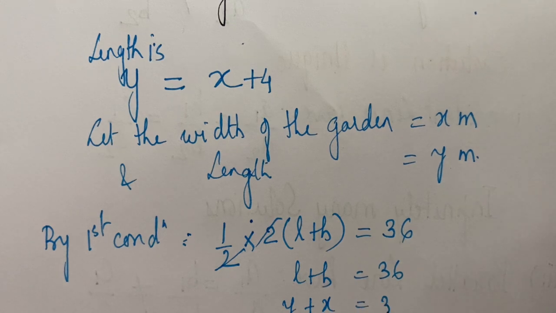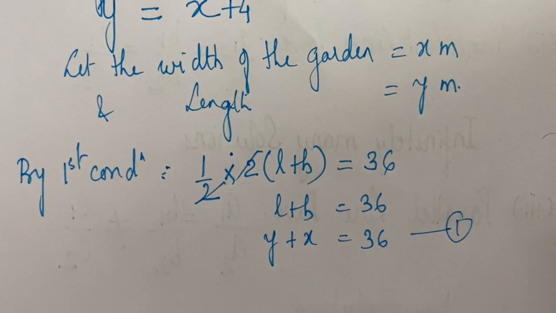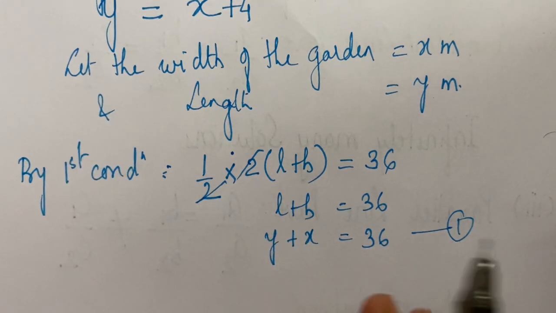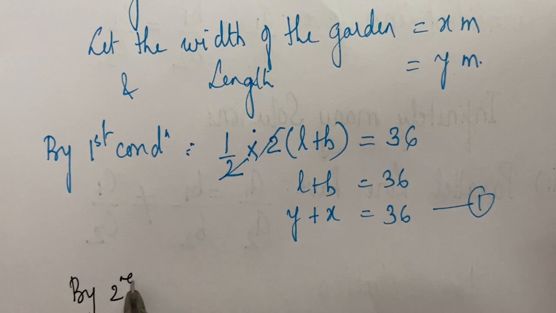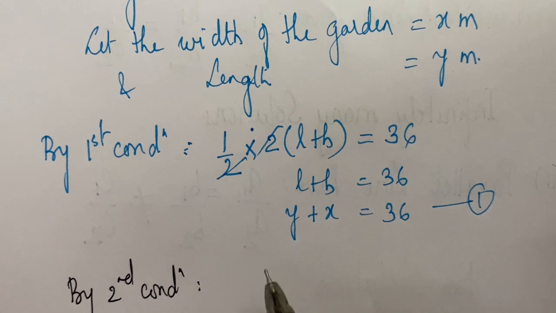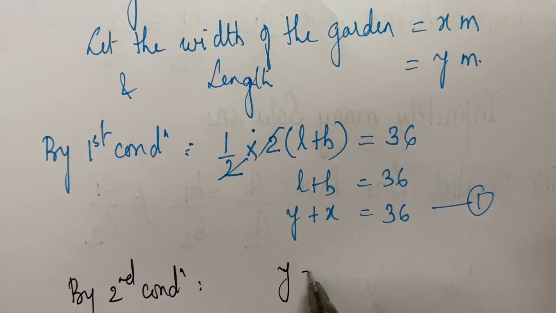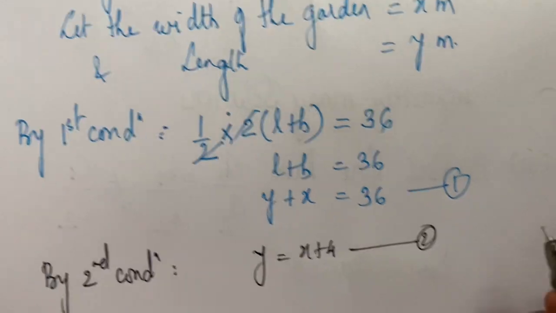Breadth is x. This is 36. So this is your equation number 1. Now by second condition, as I have already showed you, you have y is equal to x plus 4. This is your equation 2.